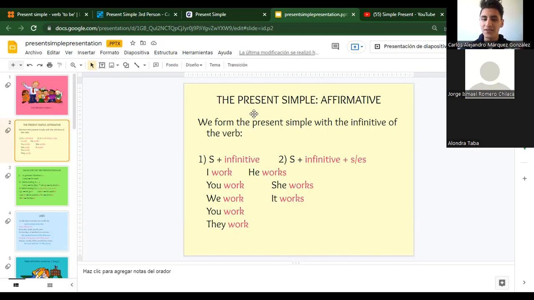Don't you know what is the meaning in Spanish of the word work? Okay, work in Spanish means trabajar.